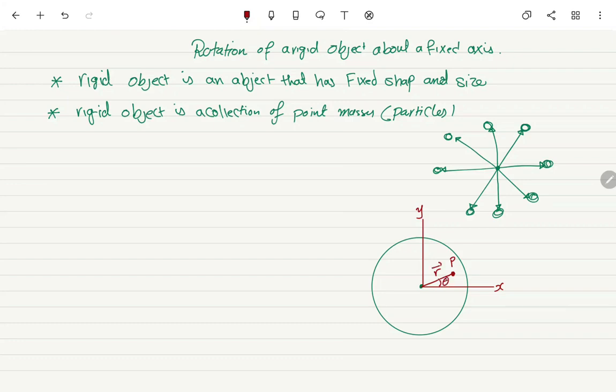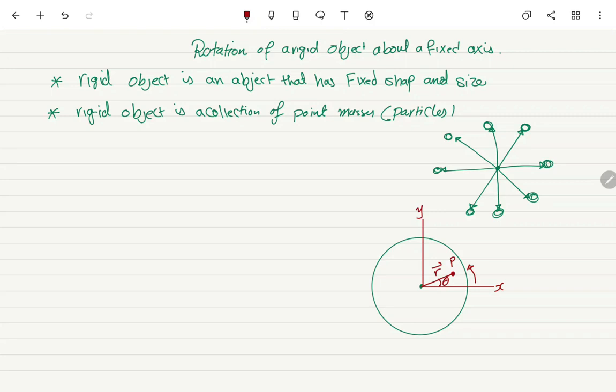So theta defines the angular position for this point P, and it's measured here counterclockwise from the positive x-axis.